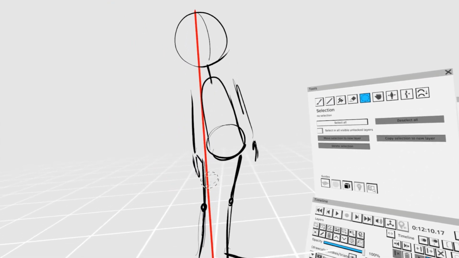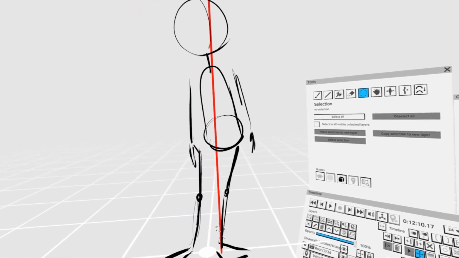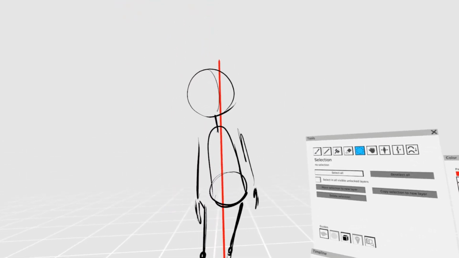So the center of gravity kind of goes from there and moves over here, so we keep that balance there.